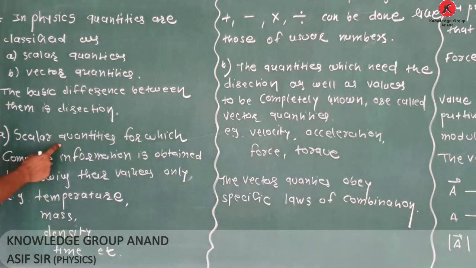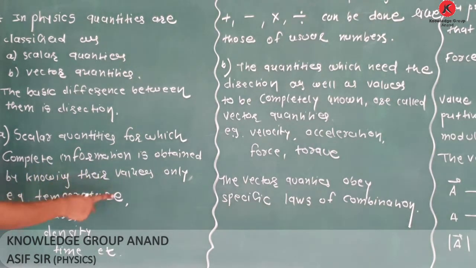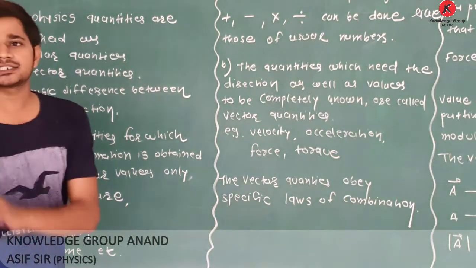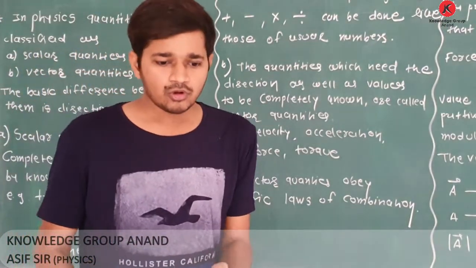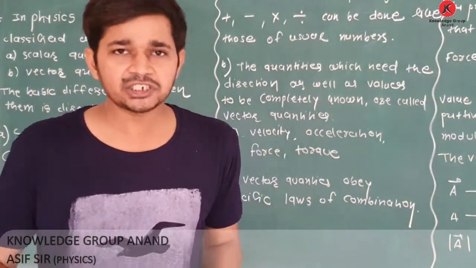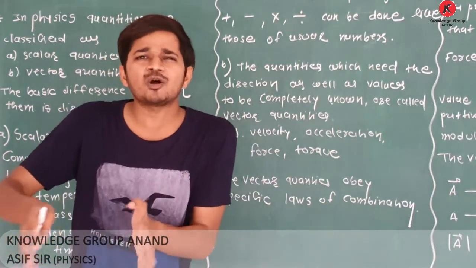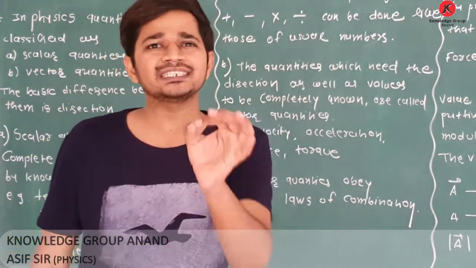Scalar quantities are quantities for which complete information is obtained by knowing their values only. Examples are temperature, mass, density, time, etc. To find complete information about my mass, it is given by only some value. Mass is equal to 56 kg.